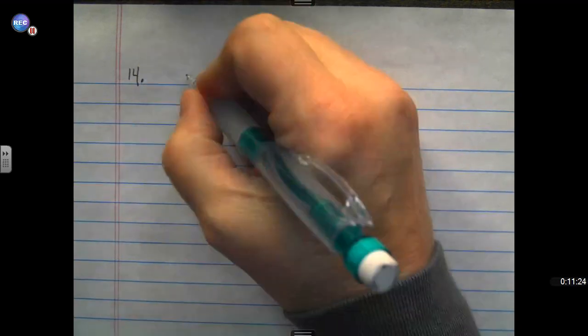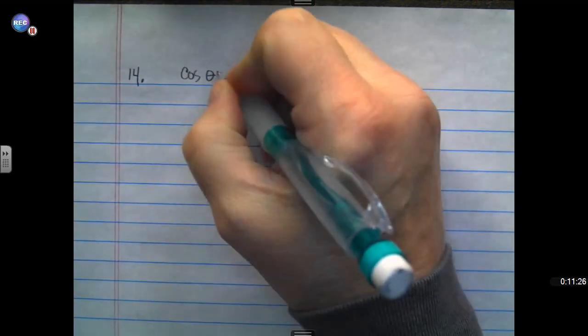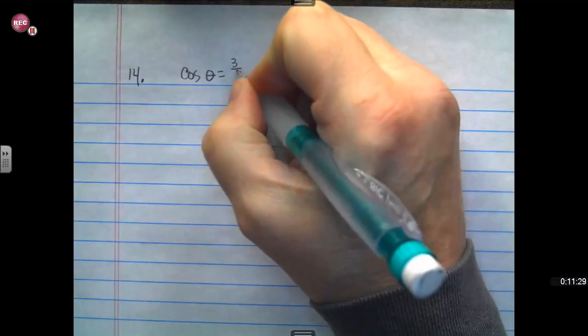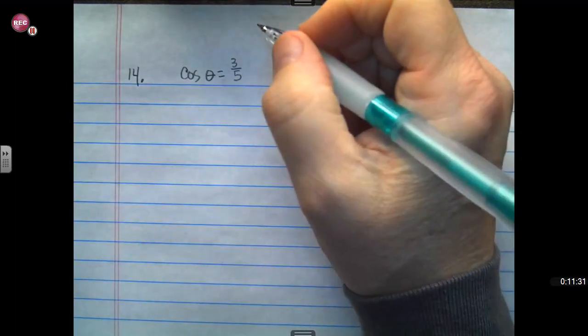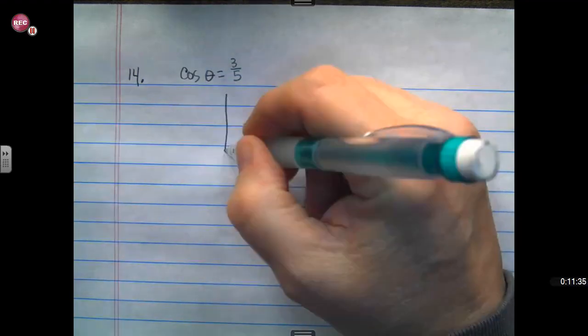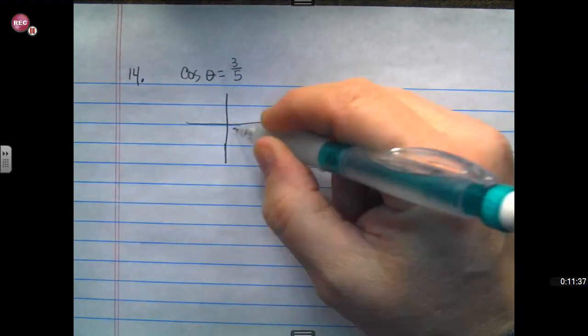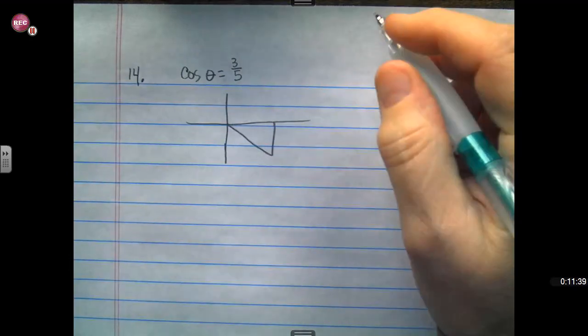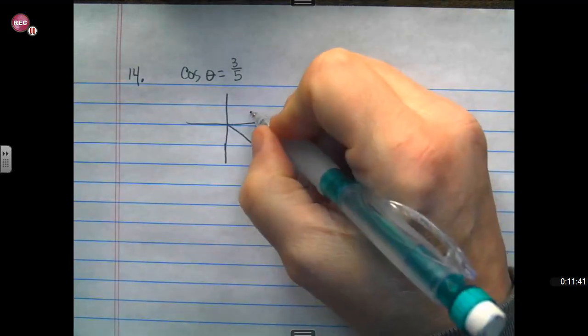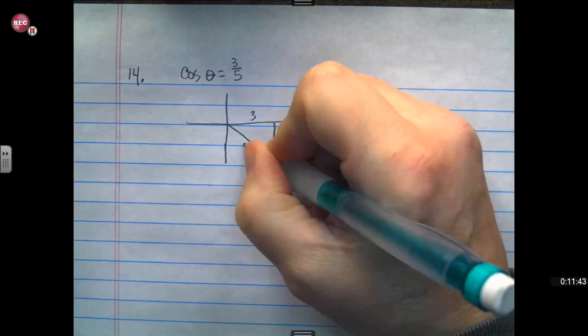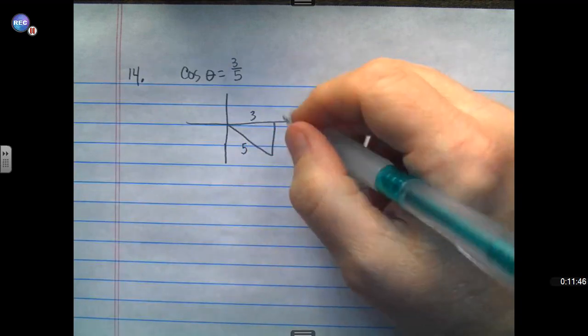So 14, we have the cosine of theta is 3/5, and we want to find the other 5 values. It tells us that theta is a 4th quadrant angle, which means that x is 3 and the hypotenuse is 5. R is 5.